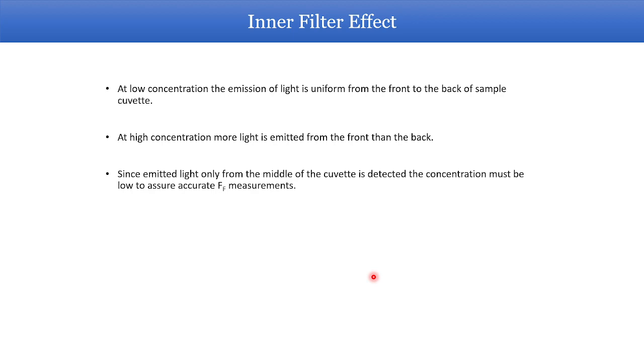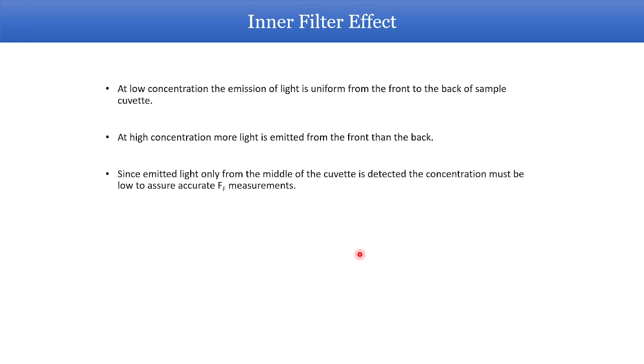Now the other thing is the inner filter effect. At low concentration, the emission of light is uniform from the front to the back of the sample cuvette, and at high concentration, more light is emitted from the front than the back. Since emitted light only from the middle of the cuvette is detected, the concentration must be low to assure accurate measurements.